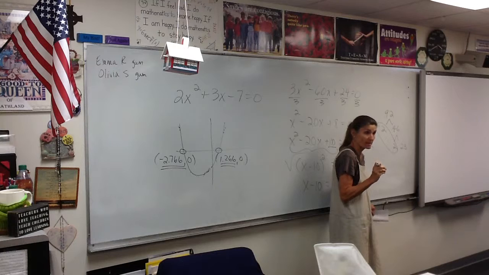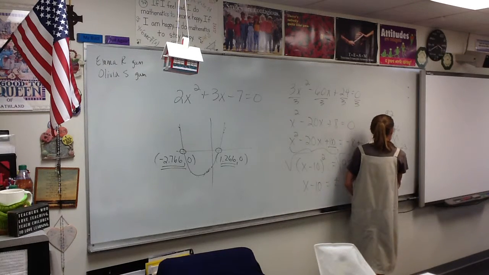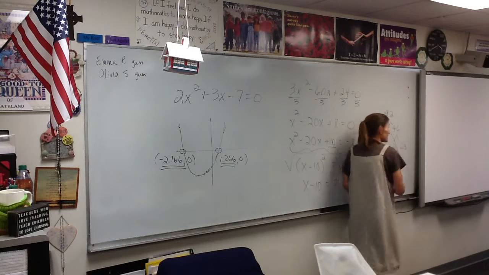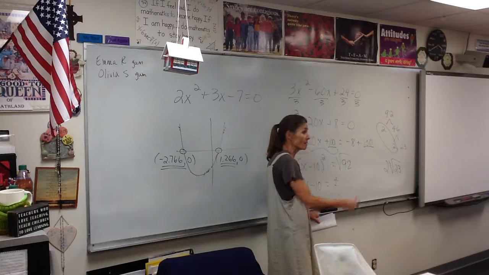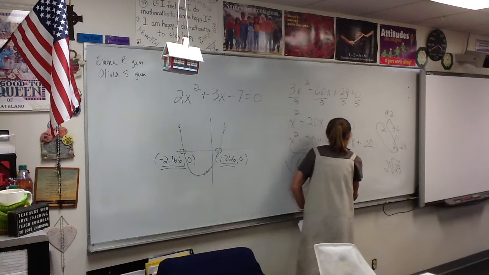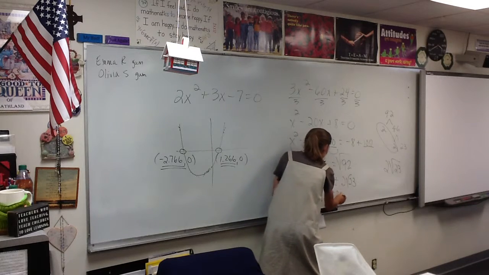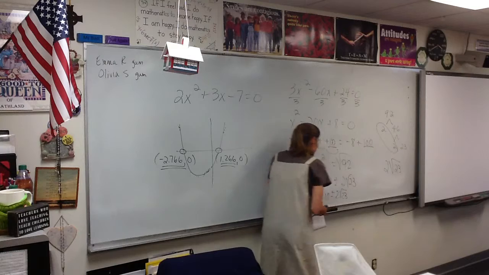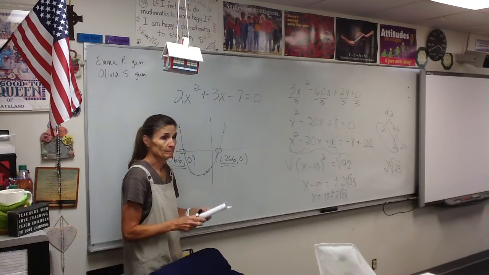However you describe that. So the 2 comes out and the 23 stays in. You have to have 2 of something to bring it outside the radical. So my answer is 10 plus or minus 2 root 23. Anybody have a question about that one?